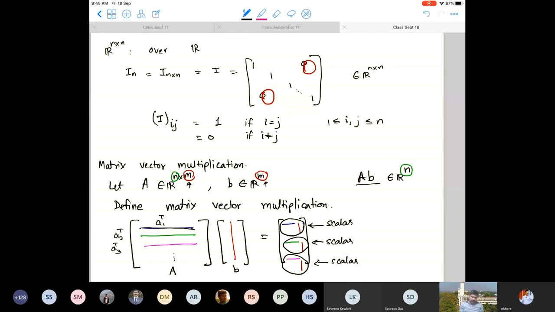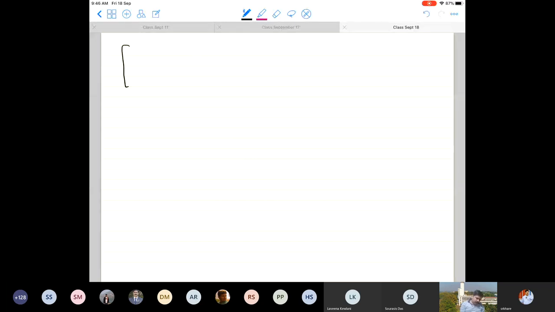If you want to see it once again, this is A, this is A1 transpose, this is A2 transpose, and so on. How many rows are there? There are n rows, so n row vectors.